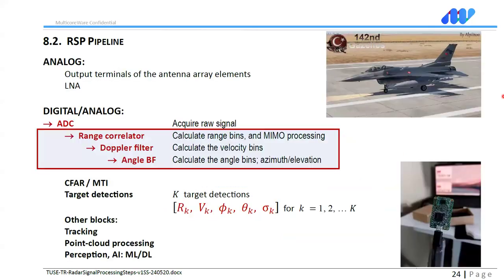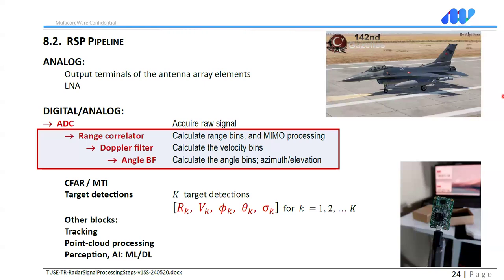So let's go. Normally the antenna signal processing is still done on the analog side, but the whole processing after the ADC, range, Doppler, angle, can be done on software reconfigurable hardware. Depending on the application and the product, you have different solutions. Here is the generic description of the radar signal processing pipeline.